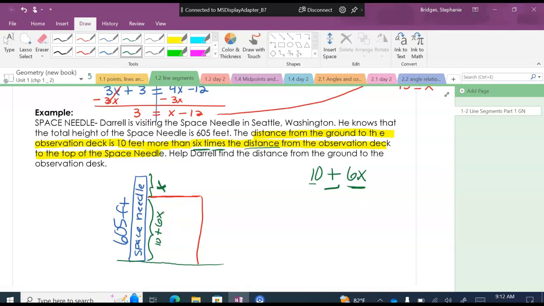Now, what are my 2 smaller segments? How did we represent them? In my green, how did I represent them? What's the distance from the observation to the top? X, okay. Plus, because we're going to have 2 small segments to give me a big one, what's the distance from the ground to the observation deck? And that is going to equal the entire height of the Space Needle, which we said was?